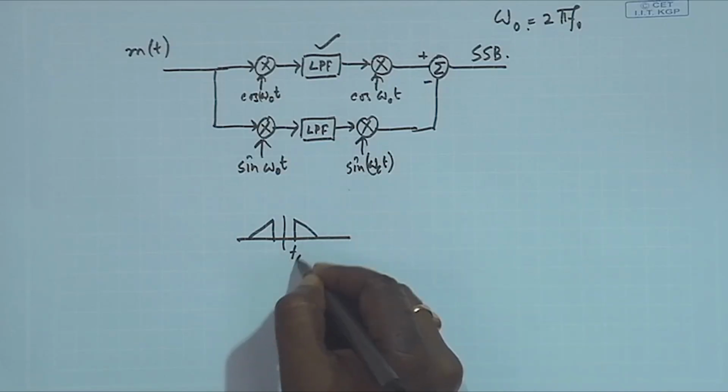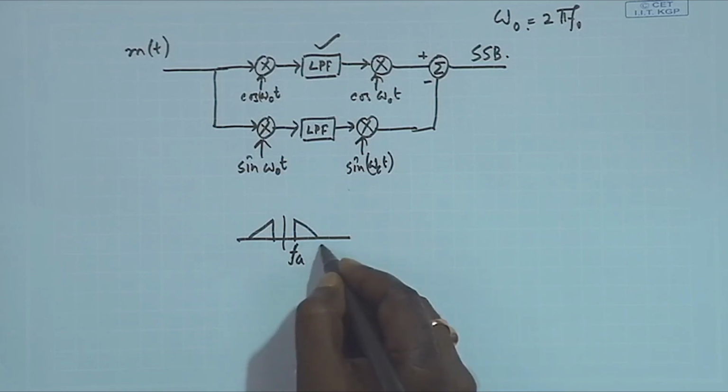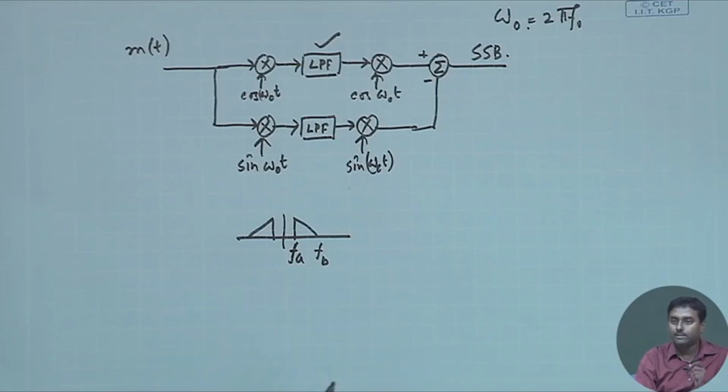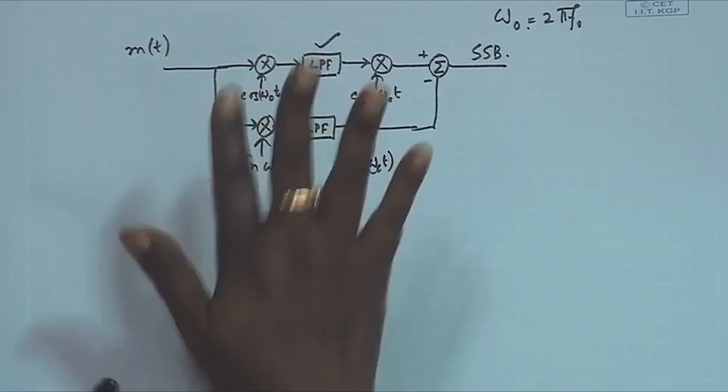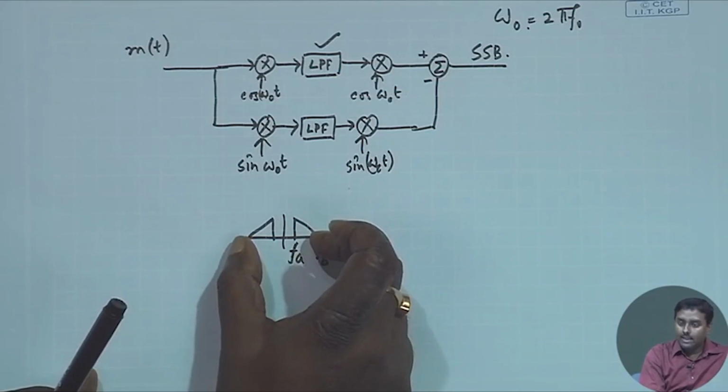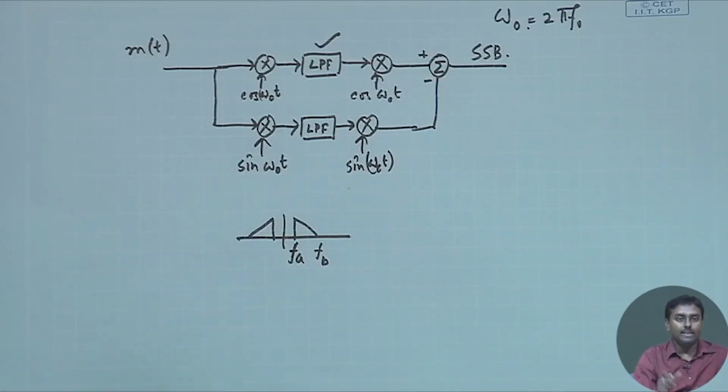So it has a minimum frequency, let us call that f_a, and a higher frequency f_b, beyond which I do not need it. For voice it is typically 3.4 kilohertz, so f_a is 300 hertz and f_b is 3.4 kilohertz. If the signal looks like this, the basic functionality is that I will take this signal to a small intermediate frequency.